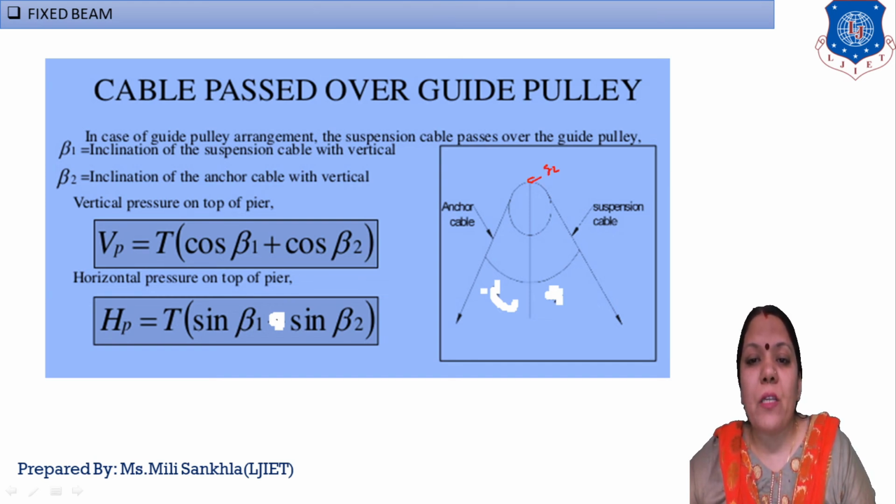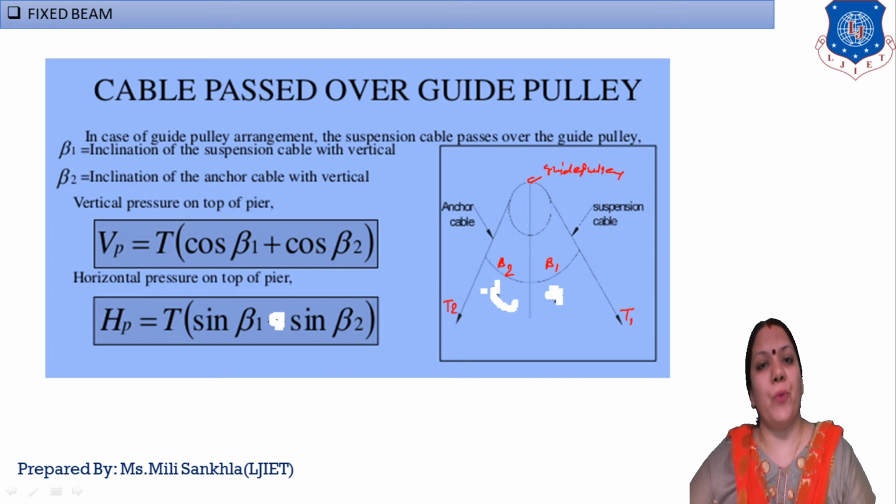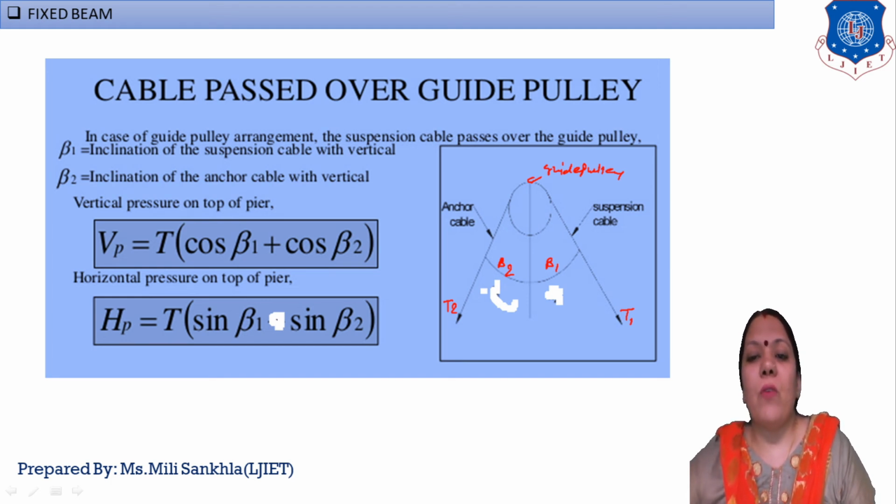Next, beta 1 is the inclination of the suspension cable, and this inclination is our beta 1. This inclination is beta 2, and the tensile force induced here is T1, and this tensile force induced is T2. Now for the vertical pressure, how will this equation be arrived at, one by one.